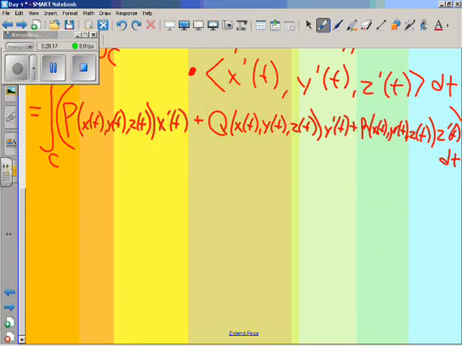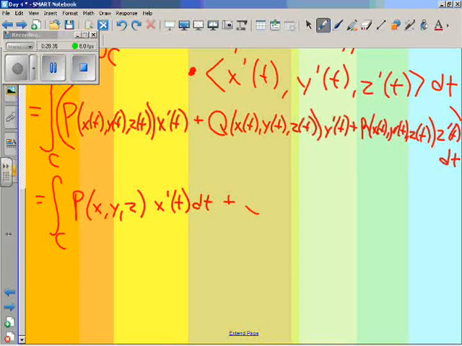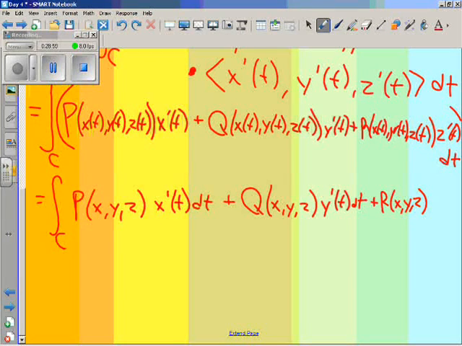notice that when we distribute, and I'm going to simplify this really quick by just writing x, y, and z, we're going to have P of x, y, z times x prime of t dt. Here we're going to have plus Q of x, y, and z times y prime of t dt, plus R times z prime of t dt.